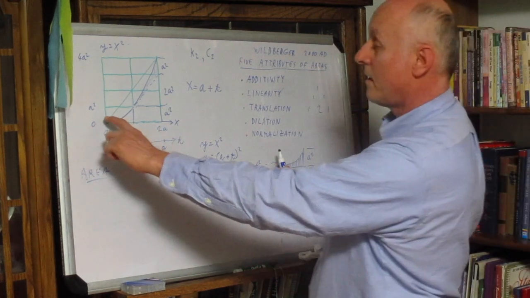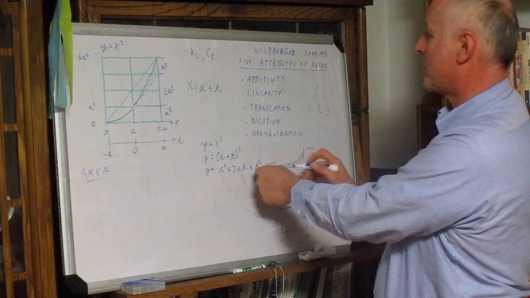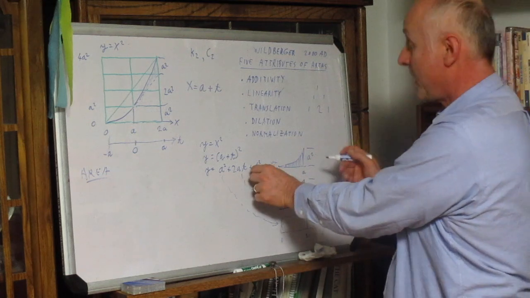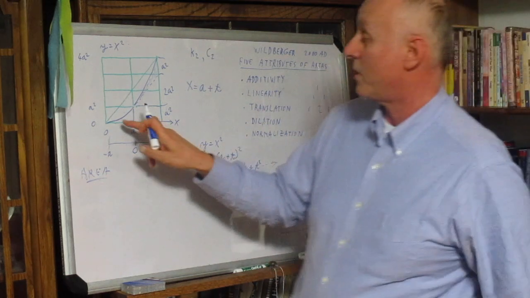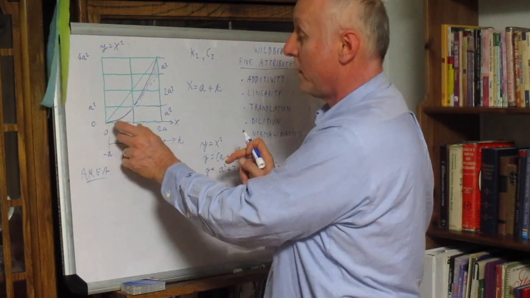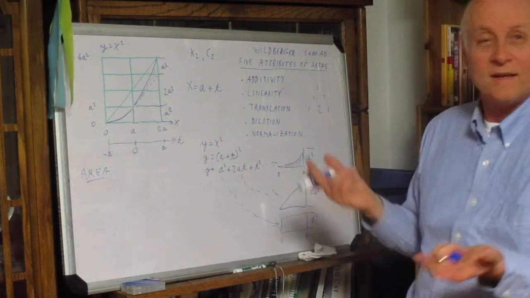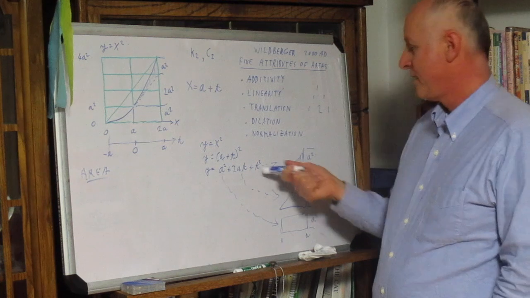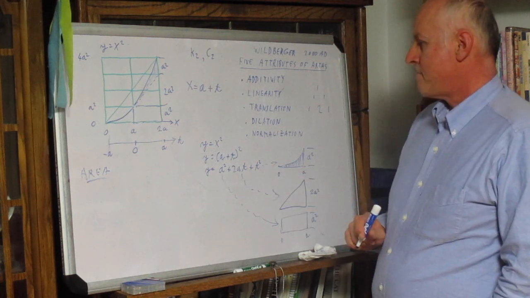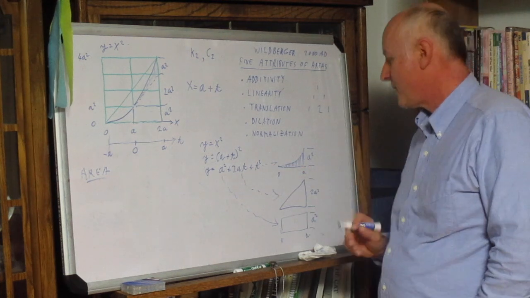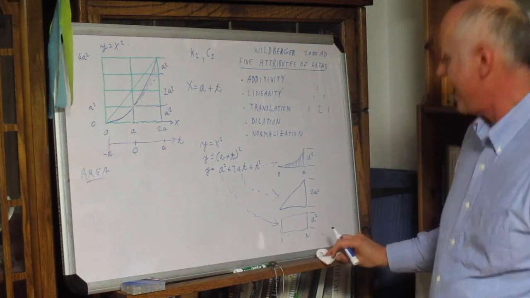T squared over the interval 0 to a on the t-axis is the same as x squared on the interval 0 to a on the x-axis. It's identical. And that's key.